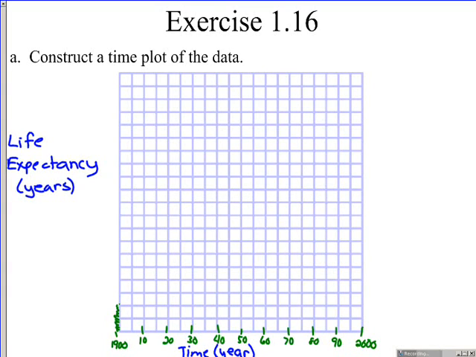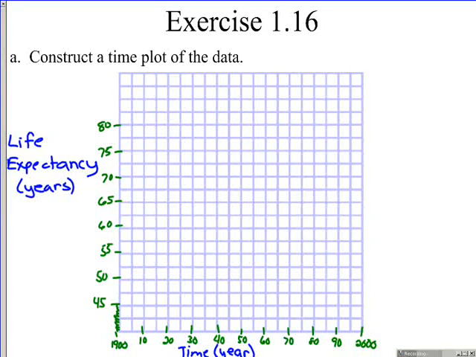So then we're going to start here at 45 and go up from there. 50, 55, 60, 65, 70, 75, 80, and we don't need to go any higher than that.